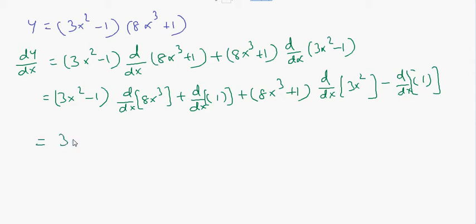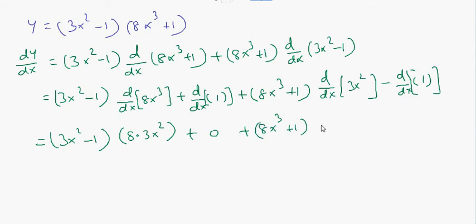This gives us 3x squared minus 1 times the derivative of 8x cubed, which is 8 times 3x squared, plus the derivative of the constant, which is 0, plus 8x cubed plus 1, and the derivative of 3x squared is 6x, minus the derivative of the constant 1, which is 0.